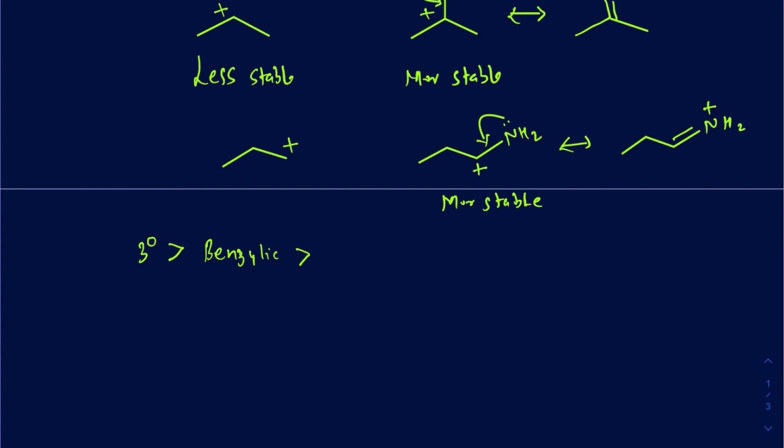But you have a lot of hyperconjugation going on in the tertiary carbocation, especially when you have the CH3 groups attached right next to the carbon that's bearing the positive charge, and that's what makes it really stable. So you have benzylic, and after that you've got allylic. But it turns out allylic and secondary carbocations actually have the same stability level, followed by primary. And obviously methyl is going to be the least stable among all those.